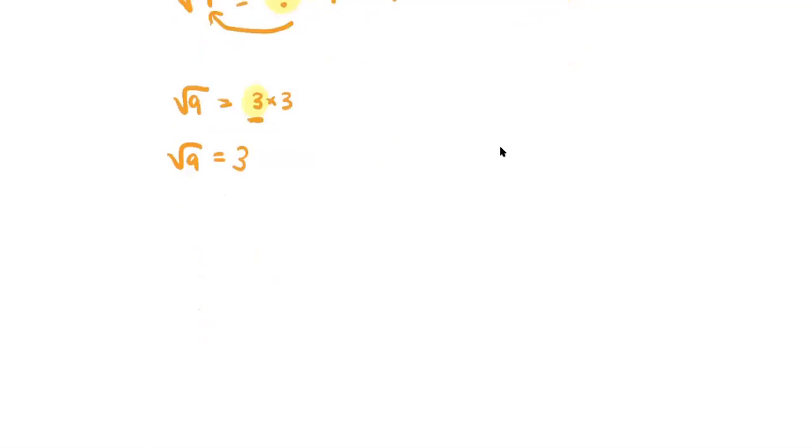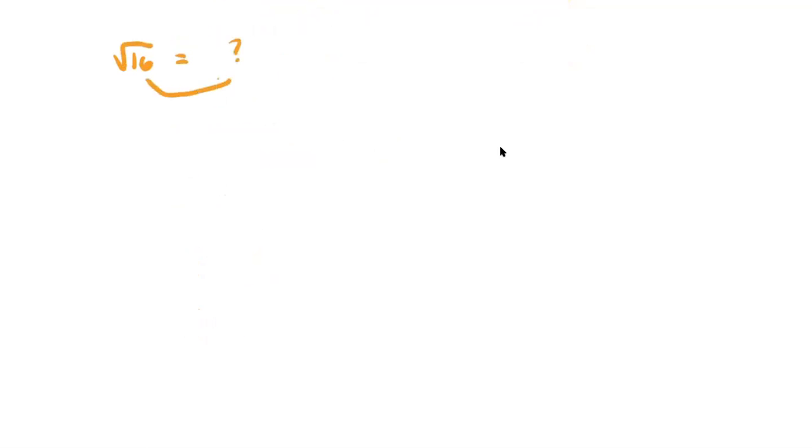Okay, let's try one more. Let's do the square root of 16. Remember, what does this mean? The square root of 16 means 16 is equal to a question mark times a question mark. What number, when you multiply it by itself, is equal to 16?